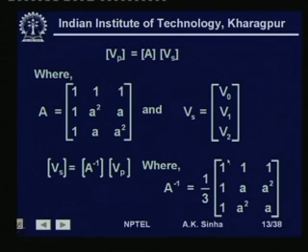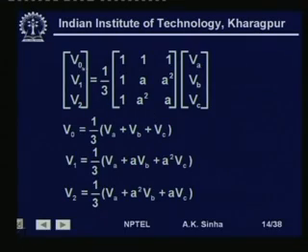So, since we know A and A inverse, we can always convert the phase quantities to symmetrical component quantities and vice versa. We can write V0, V1, V2, that is the symmetrical component quantities, in terms of phase quantities VA, VB, VC. This will be the A inverse matrix that we have, 1 by 3 into this.